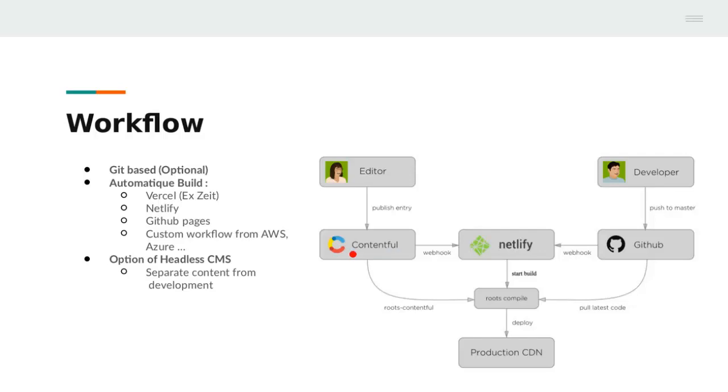For example, you can have master, develop and staging branches, and every branch is linked to a specific version of your application. So we have JavaScript here and content here, maybe an API, and this is deployed in a CDN or our automatic build service.